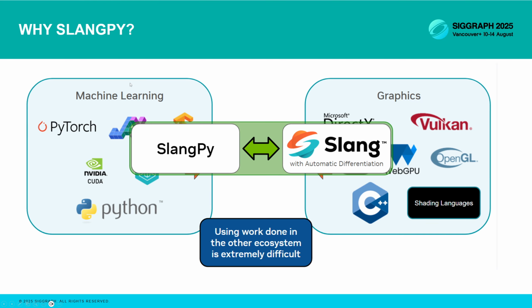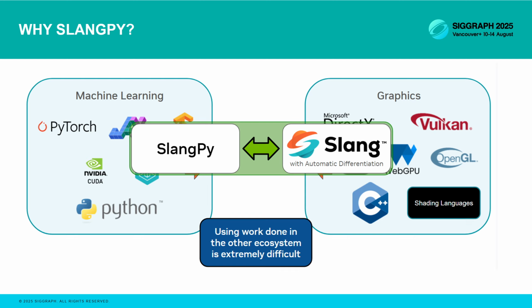I want to say a little bit more about bridging this gap between machine learning and graphics. Traditionally, we've had things like PyTorch for machine learning. We've got NVIDIA CUDA. We have Python, TensorFlow. And then on the graphics side, we've obviously got Vulkan, DirectX, WebGPU.